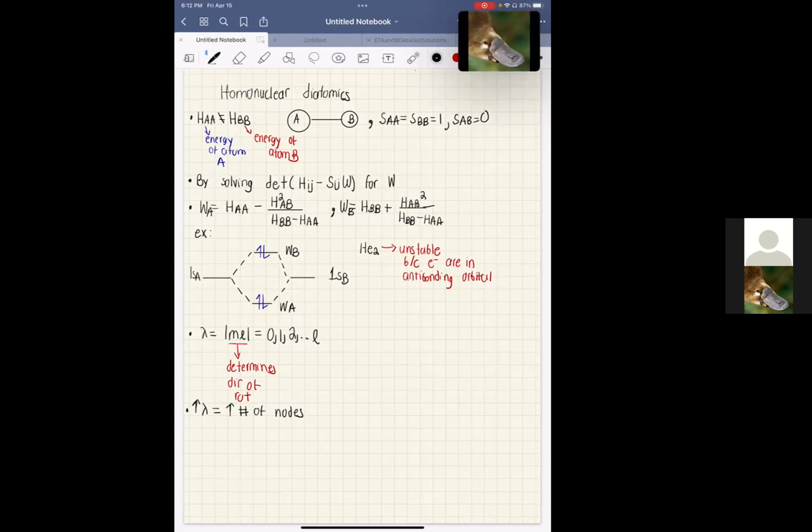There's the energy of atom A and the energy of atom B. So these are two different atoms together. By solving the determinant like we did for variational theory for diatomic, we can find the energy of this, and WA will be the energy of the antibonding, while WB would be the energy of the bonding. And this is shown in the diagram below.